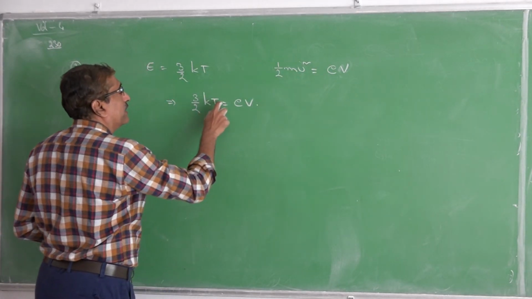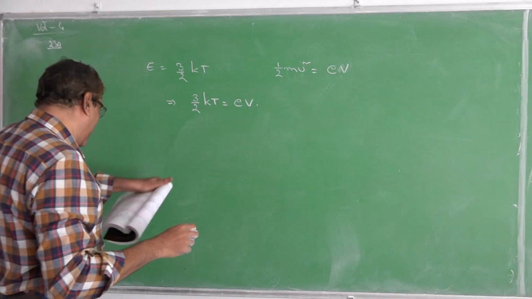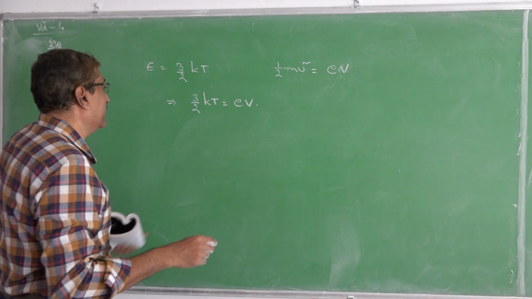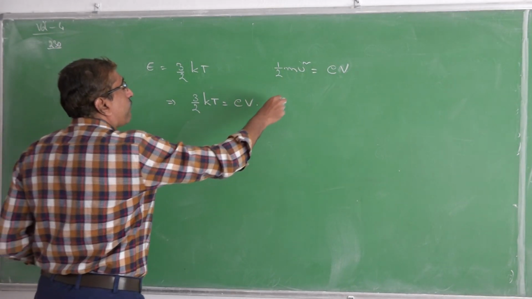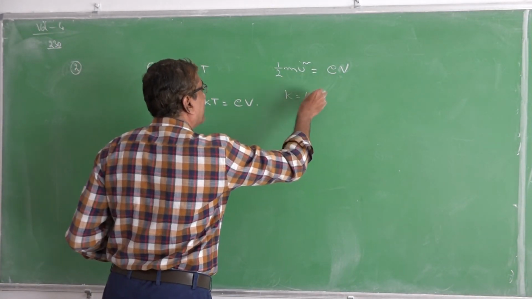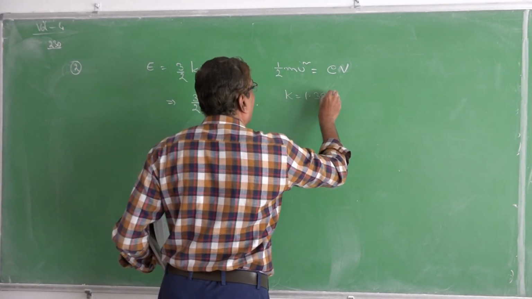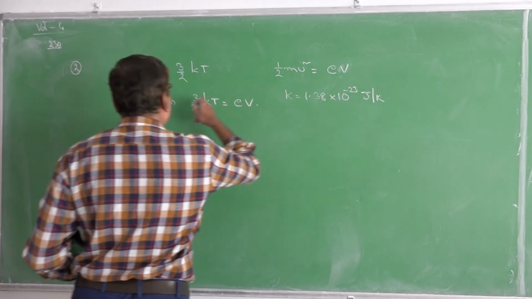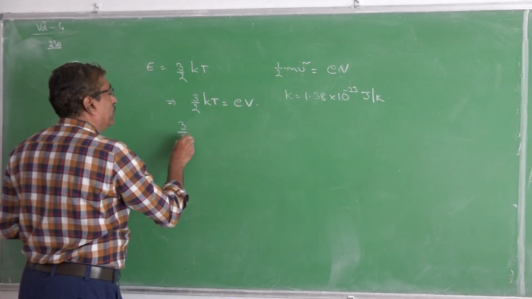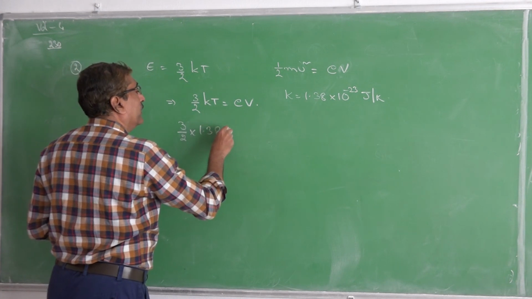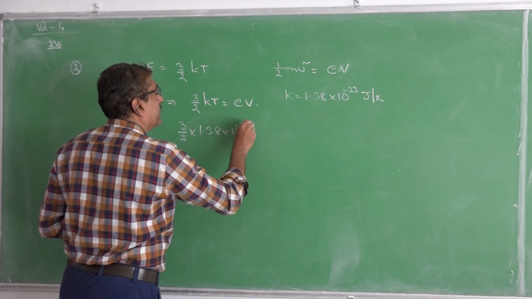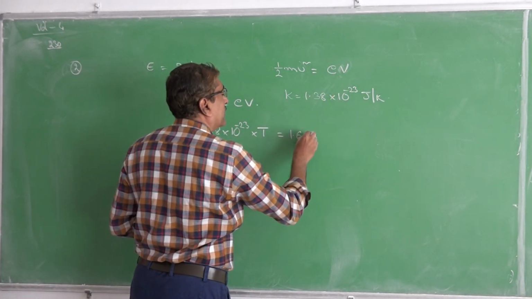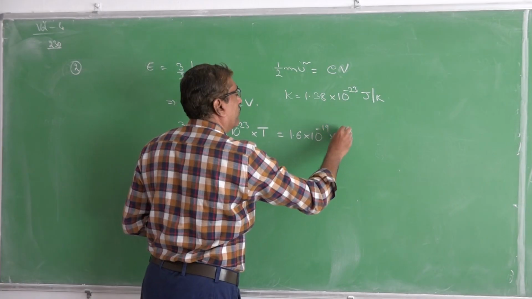Now, we have to calculate the temperature at which this kinetic energy is equal to this energy. Okay. So calculate T, and in this given problem k, the Boltzmann constant, is given as 1.38 into 10 to the power minus 23 Joule per Kelvin. Now, substituting, 3 by 2 into 1.38 into 10 power minus 23 into T is equal to charge of electron 1.6 into 10 to the power minus 19 into 1 volt.